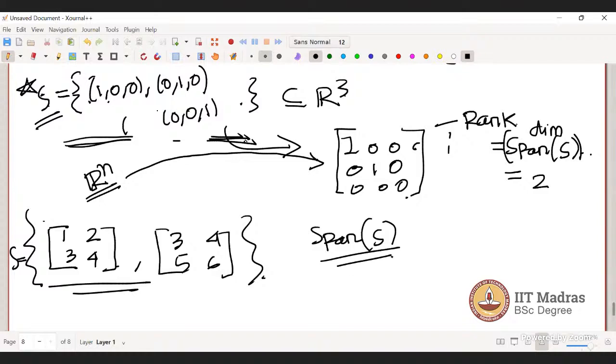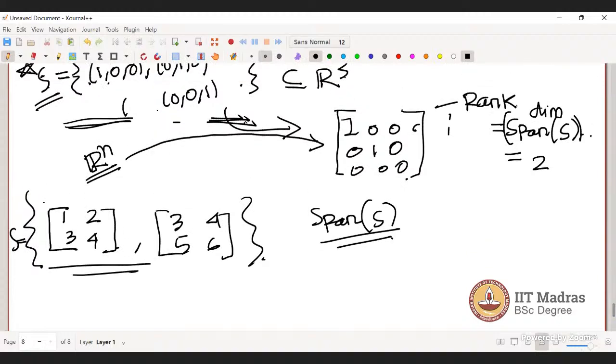So what are you basically trying to say? Okay, so that means we cannot go for the same process? Yeah. What you are basically trying to do is take a matrix from this set and compute its rank. That is not correct.